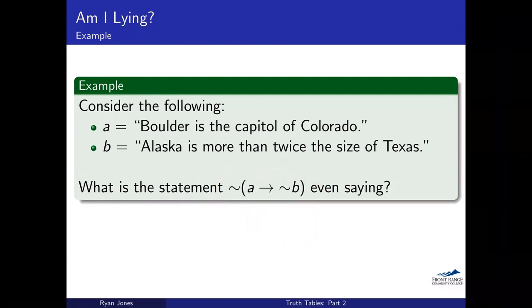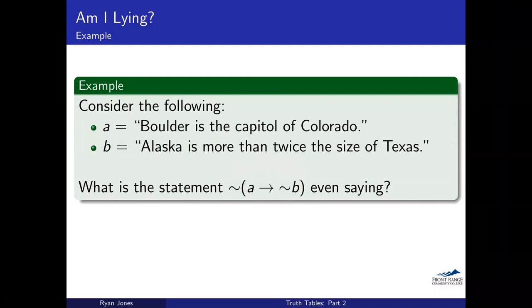Okay, let's go ahead and look at this example. Simple statement A is Boulder is the capital of Colorado. Simple statement B is Alaska is more than twice the size of Texas. Given that we probably live in Colorado, you probably know whether A is true or false. I'm not going to explicitly say it.